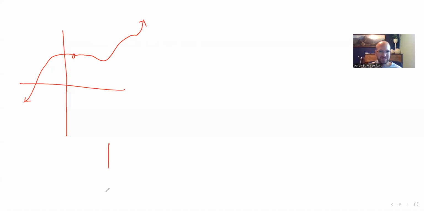You have a graph that looks like this, where it suddenly just jumps to a higher value. This one, a hole, is known as a removable discontinuity. And that's because we could use a piecewise function and plug in that hole.